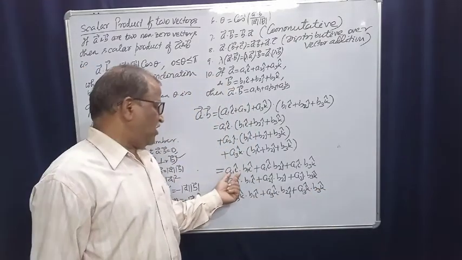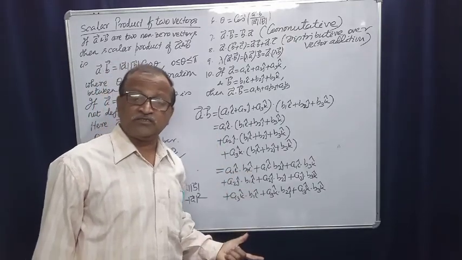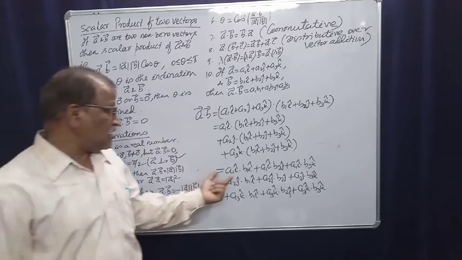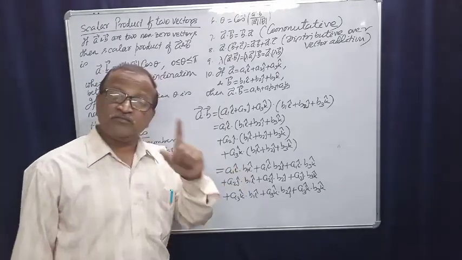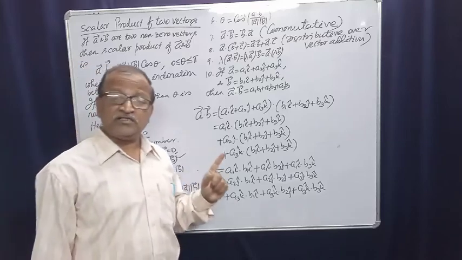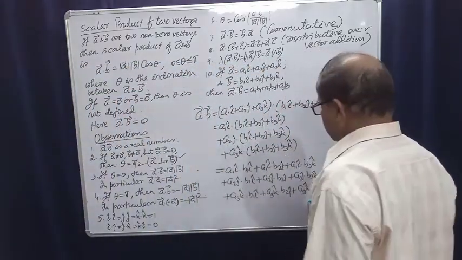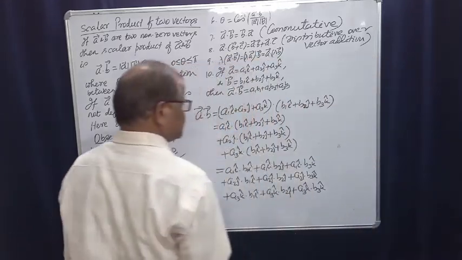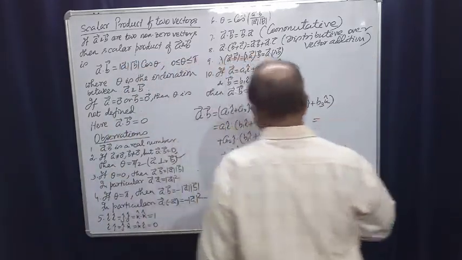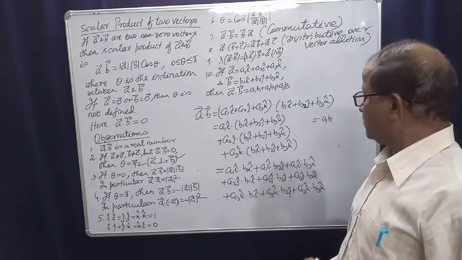Now you see A1 I cap dot B1 I cap. We have already discussed what the inclination between them is: 0. I dot I we have read, it is 1. That means this will be equal to A1 B1.